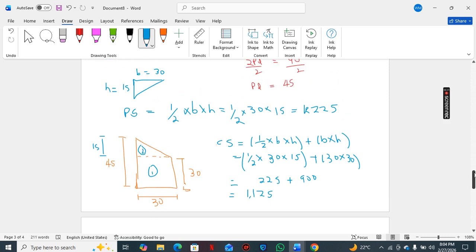What about if I use the formula for finding the area of the trapezium? Is it going to give me the same answer, or do I have to stick to this one? No, it will give you the same answer. I've forgotten that formula for the area of the trapezium. For me, that's what I've used.